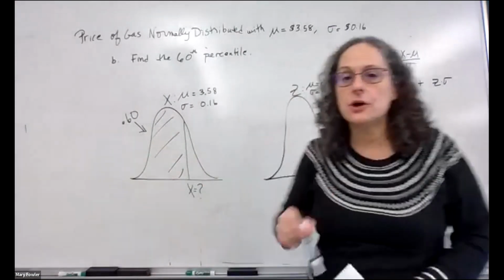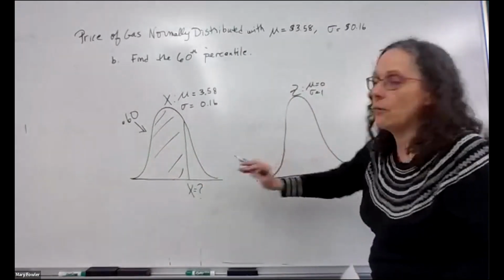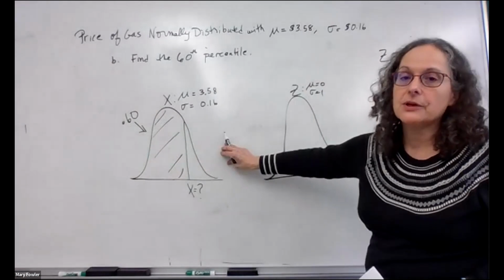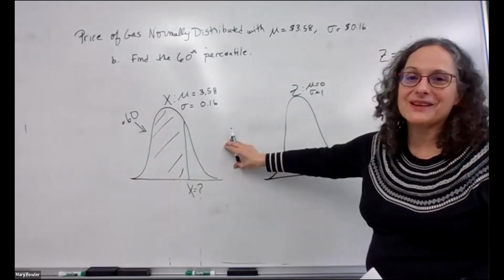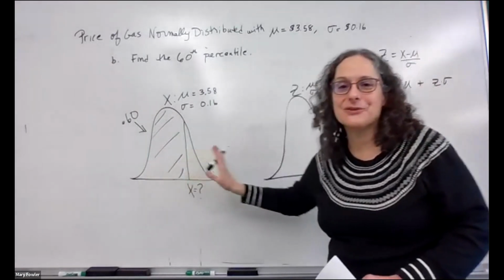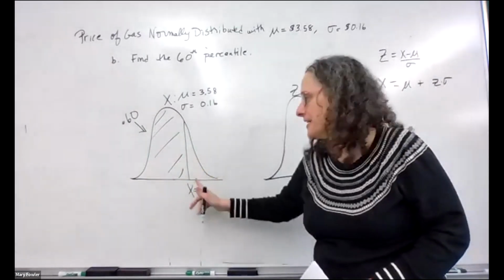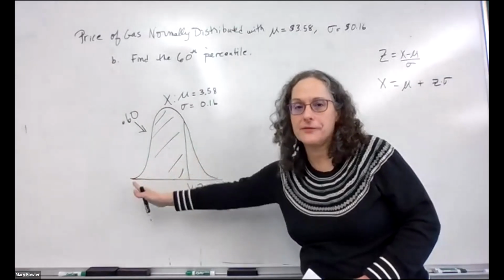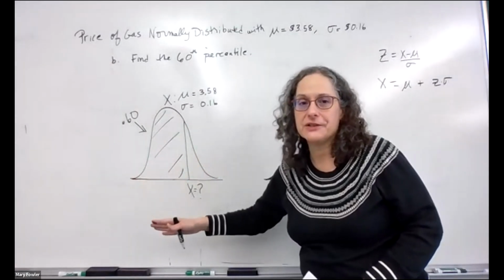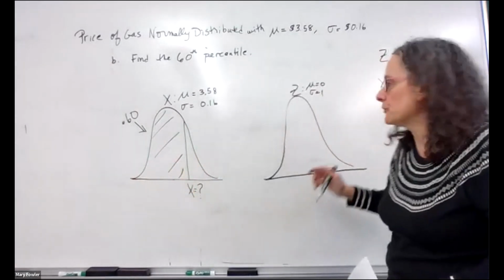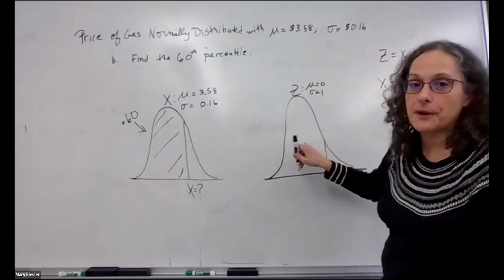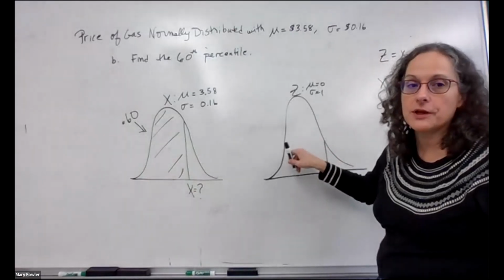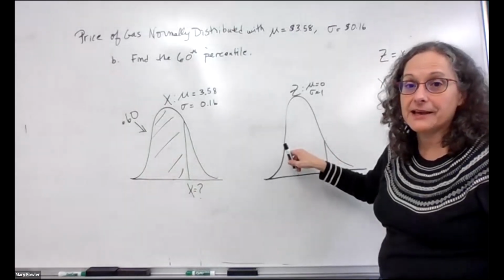Okay, so when we're doing percentiles, one thing I want to say is we always use the term percentiles as left tails, and that's another way of thinking about why we're shading to the left here. What we want to do is start by finding the percentile here over in the Z land.